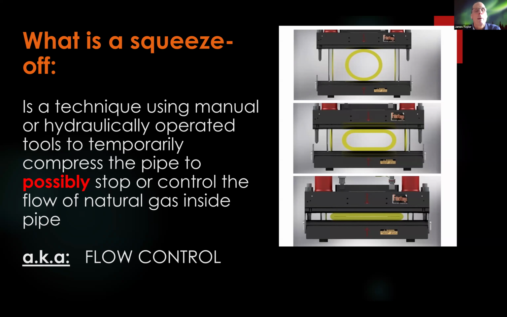The pipe is changing shape. So you see the picture on the right, you start round, we go oval, and then we go flat. Those molecules, when that pipe is changing, it's called cold flow. So on the way down, we want to take our time, and ASTM says it's going to be a certain rate. I say with release, when we go from the flattened position back up to round again, we've got to take our time again.